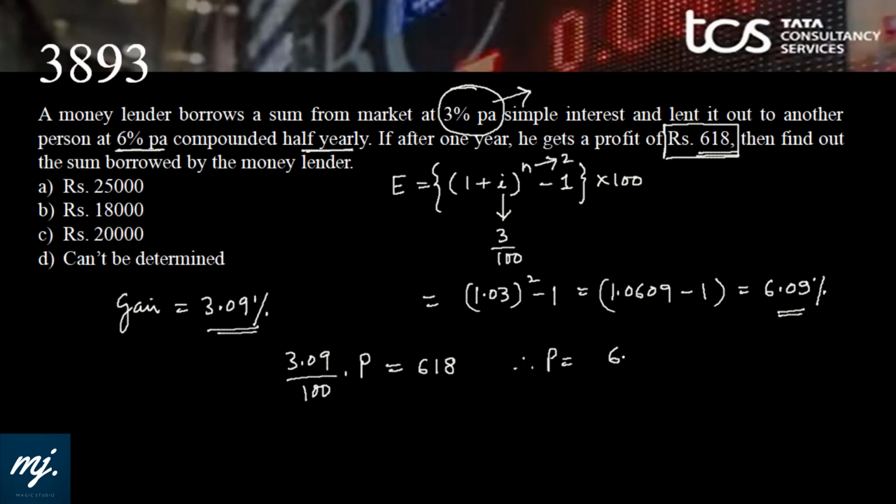Therefore P equals 618 into 100 divided by 309. It goes 2 times. 2 and 4 zeros. 20,000 is the amount borrowed, that is in option C.